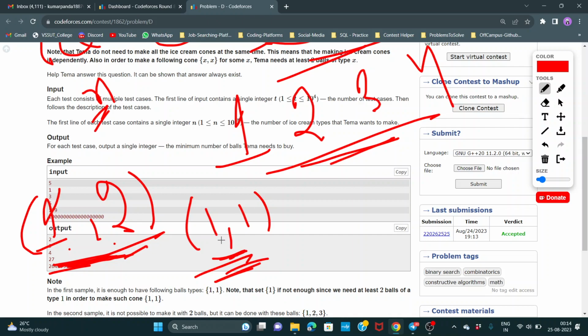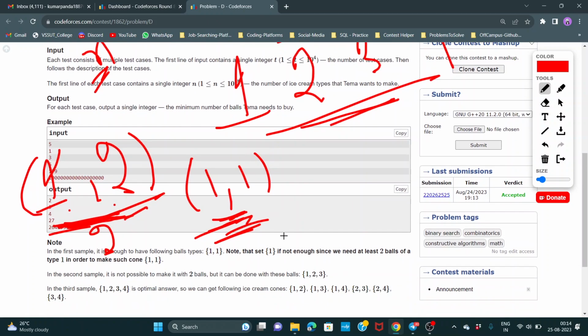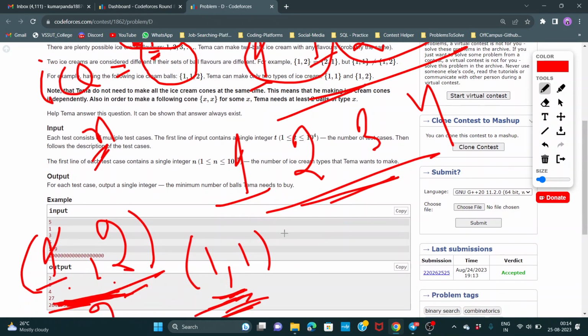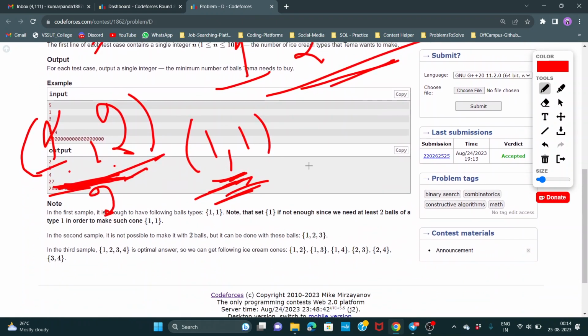Look at this as a set. In this set, the number of distinct values is 2, but in this case the number of distinct values is 1. So two sets can be equal if they have equal elements, and order doesn't matter here.